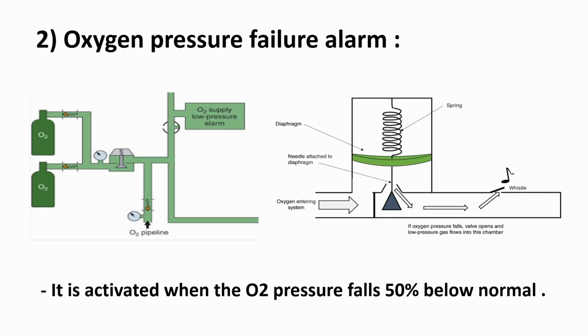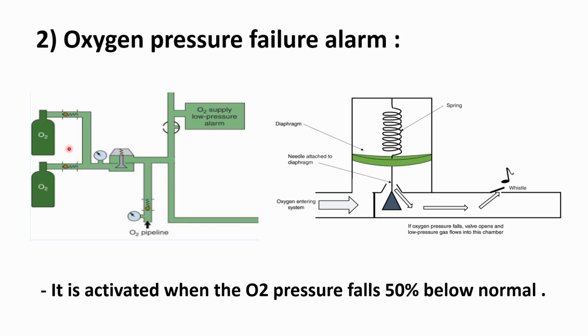Going to the second pathway, which is the oxygen pressure failure system, and this is this one. This will detect the low pressure of oxygen.